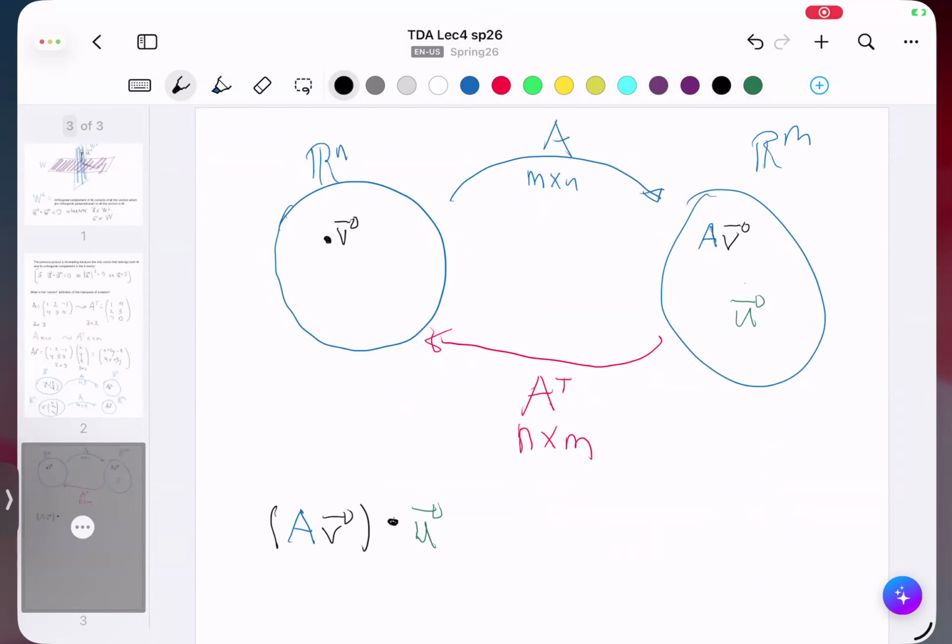Okay. So the property that the transpose is supposed to have is that if you take the vector U and you go backwards, because you want the transpose to have the opposite size, you can apply the transpose to U and it would land somewhere in here.